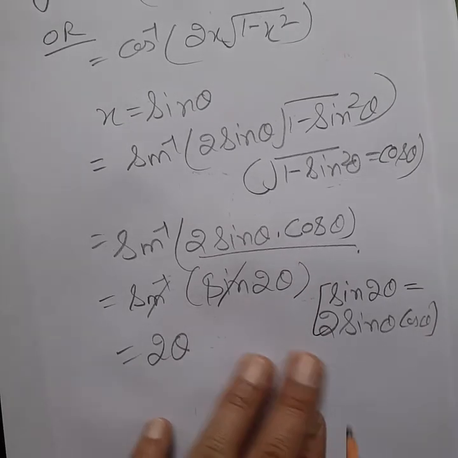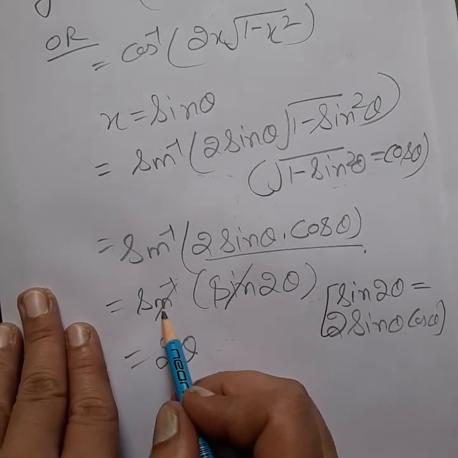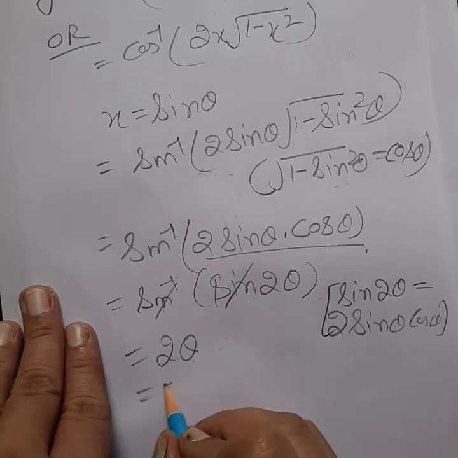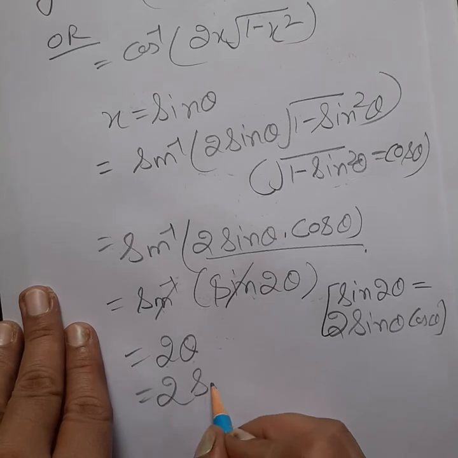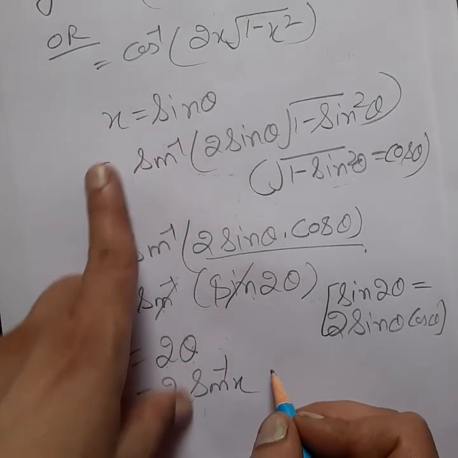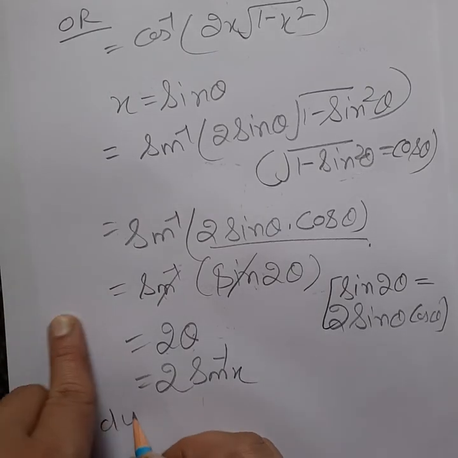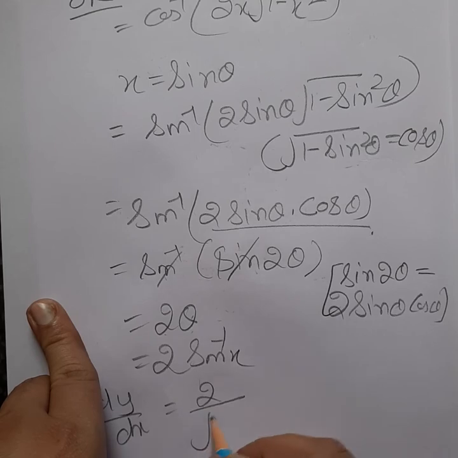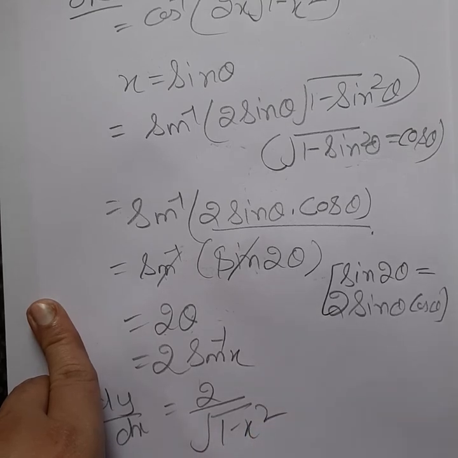So if we apply this formula, we cancel our sine function and we get finally 2 theta, and by putting the value of theta, that is equal to sine inverse x, we have to find the derivative of y, that is equal to 2 upon root of 1 minus x square.